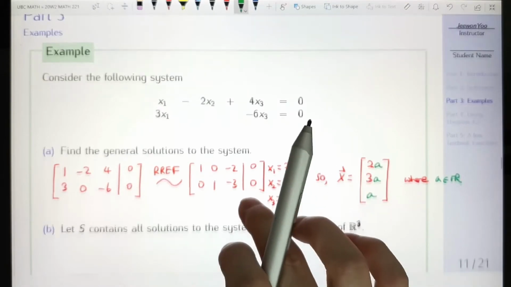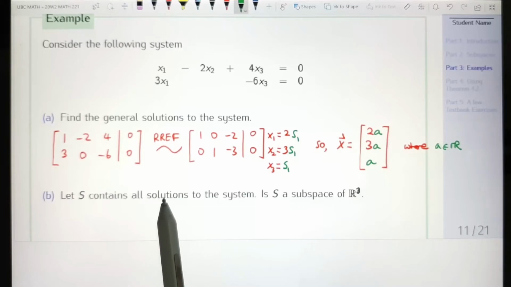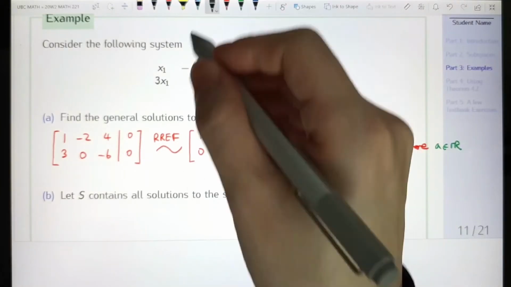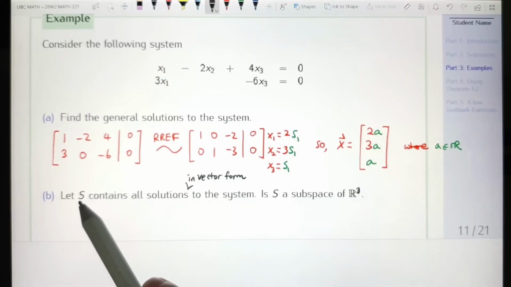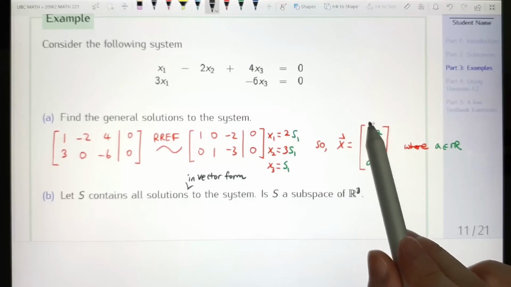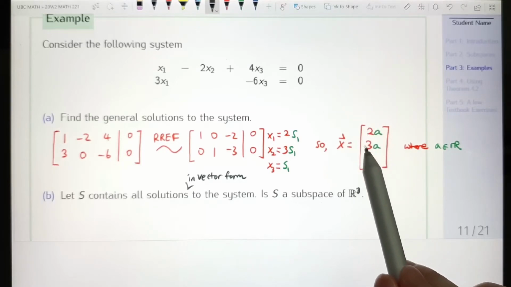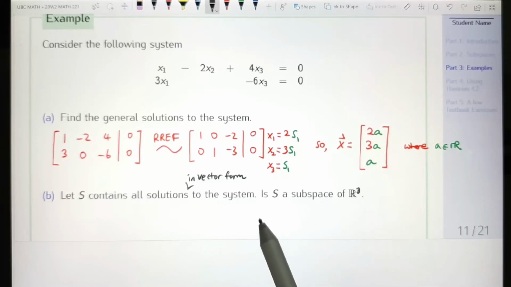Now, here's the question. Let S contain all solutions in vector form. In other words, everyone, our set S contains all vectors of the form 2 times a scalar, 3 times that scalar, and that scalar. There are infinitely many choices, right, everyone?